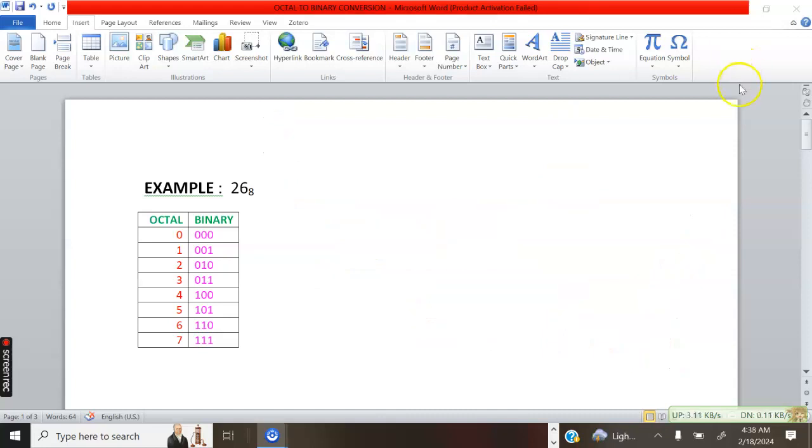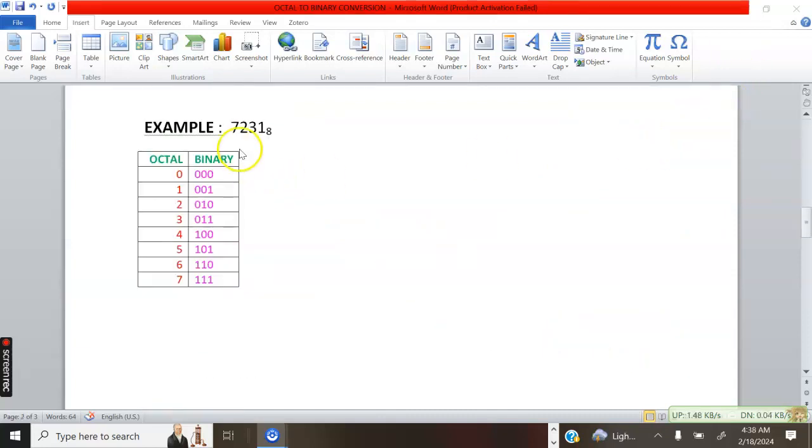Okay, let's move to our example 2, where we have 7231 base 8. As usual, I will convert this. So I will write down the number, which is 7, 2, 3, and 1. Then I will write down the binary equivalent of each.